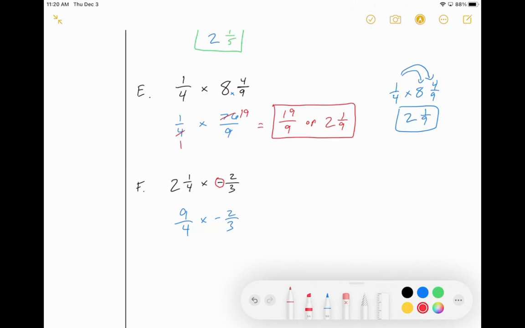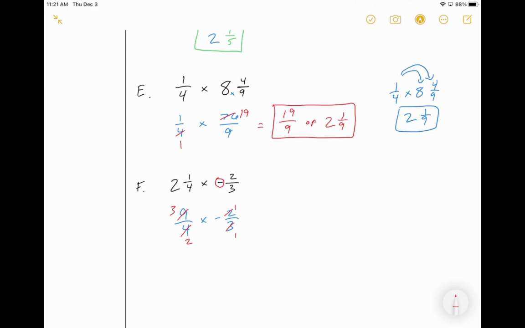We're going to say, all right, the 4 and the 2, that becomes a 1, that becomes a 2. The 9 and the 3 cancel, that becomes a 1, that becomes a 3. And so there's nothing left. So we get 3/2. But remember, negative. Don't forget about that negative. Negative 3/2 or negative 1 1/2.